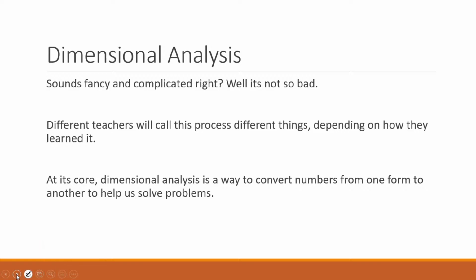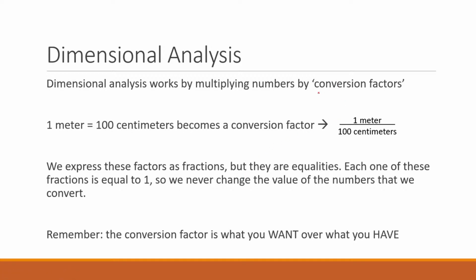When we look at dimensional analysis, we look at conversion factors. A conversion factor is anytime you have an equality. So 1 meter equals 100 centimeters. Anytime you have two things that are equal like this, it can be made into a conversion factor by making it into a fraction and putting one above the other.